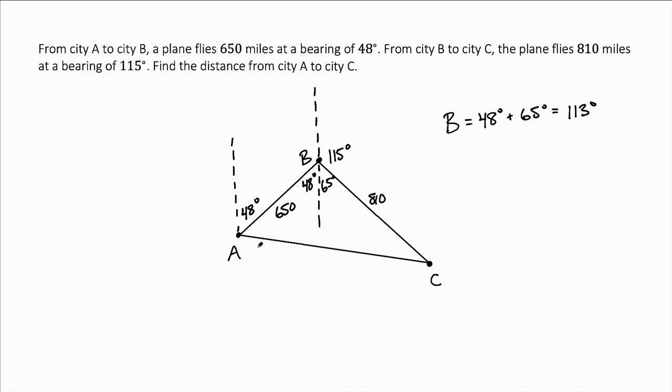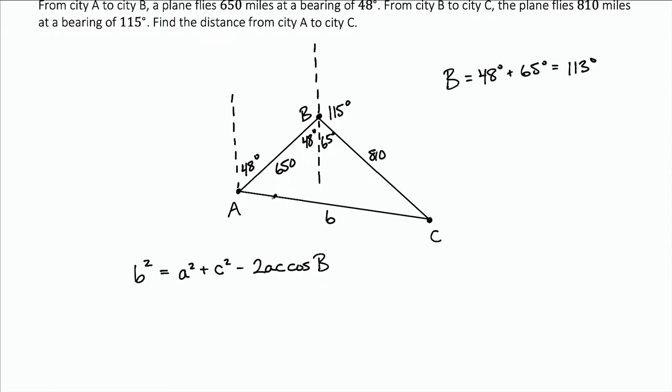So I'm trying to look for this side down here, which I'm going to call B, since it's opposite the angle or city B, and use the law of cosines. So our law of cosines is B squared equals A squared plus C squared minus 2AC cosine of the angle B. And I'm looking for that side length B there, so I'm going to have to take the square root. So we have square root, and then I'm going to go and plug in everything here that we know.